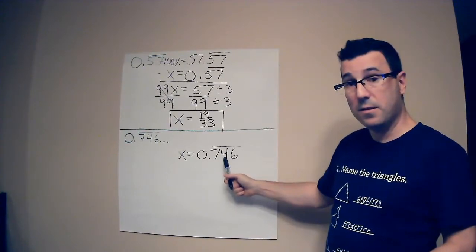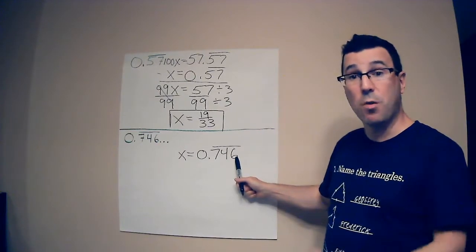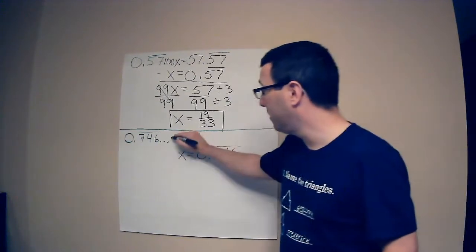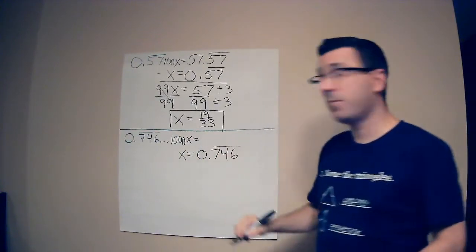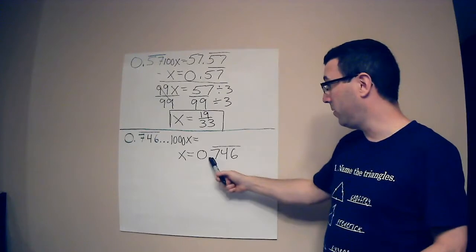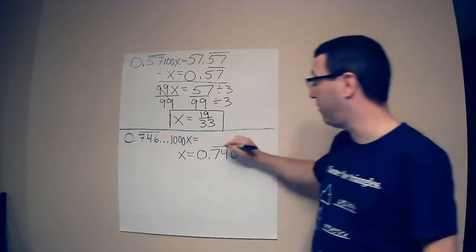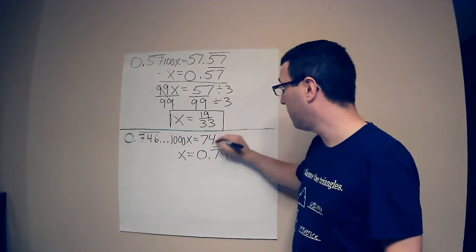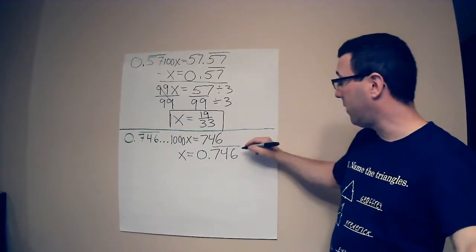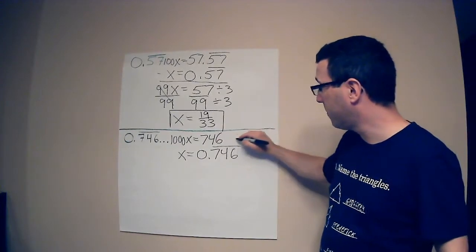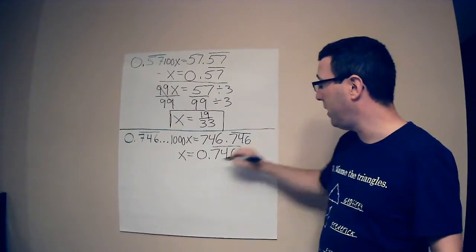tenths, hundredths, thousandths. So I'm going to multiply this by 1,000. So I'm going to have 1,000x equals, well, 1, 2, 3. When I move it 3 places, I have 746.746 repeating.